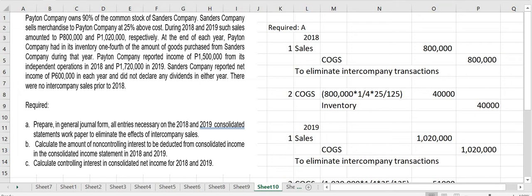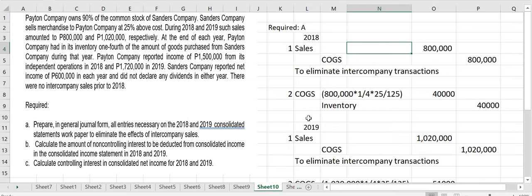Okay, so first, for 2018, to eliminate the sales, so we have sales of 800,000. So we'll debit sales, credit cost of goods sold for 800,000 to eliminate the intercompany transaction. And then the second entry is to eliminate the markup included in the inventory of the buying affiliate.